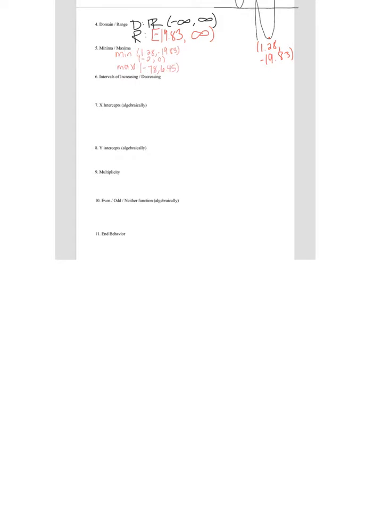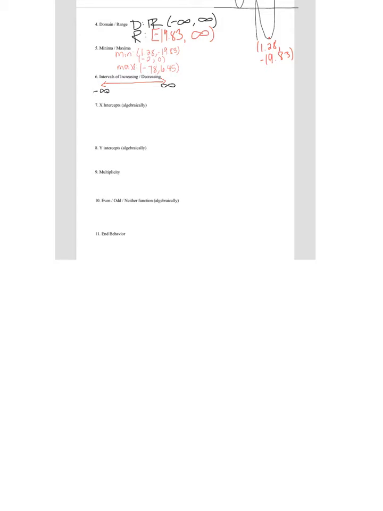Okay, for increasing and decreasing, I'm going to make a number line of my mins and maxes, just the x values. So this is negative infinity. This is positive infinity.